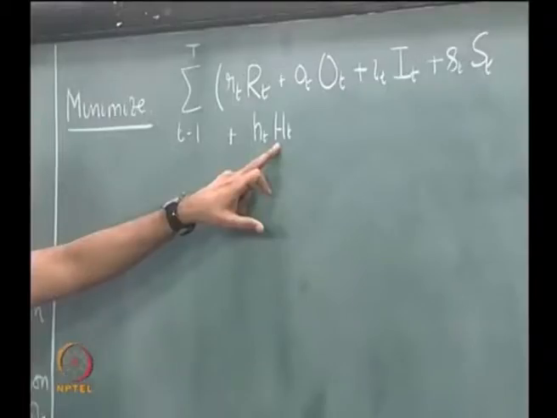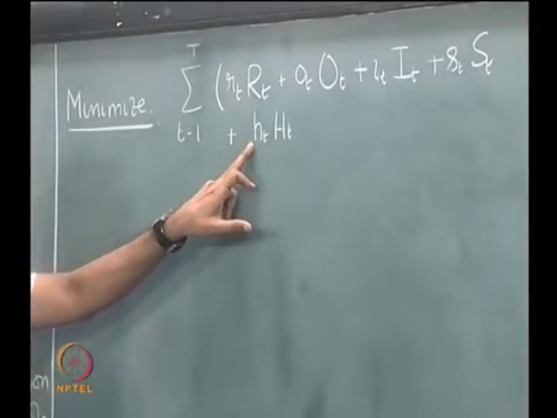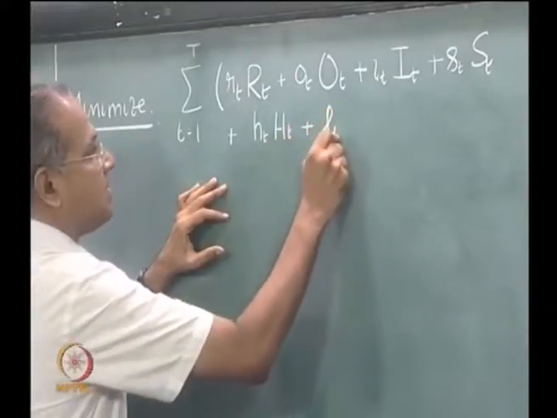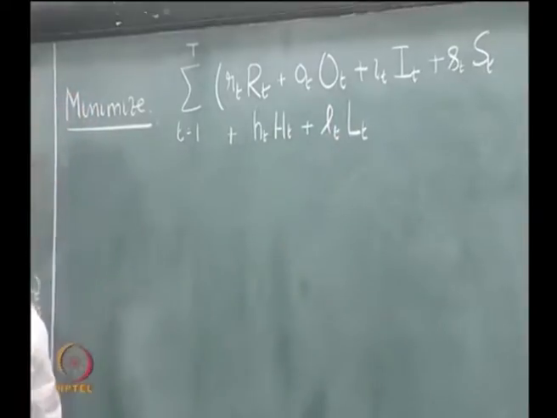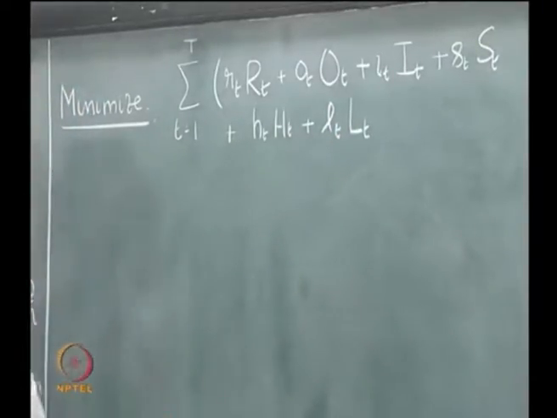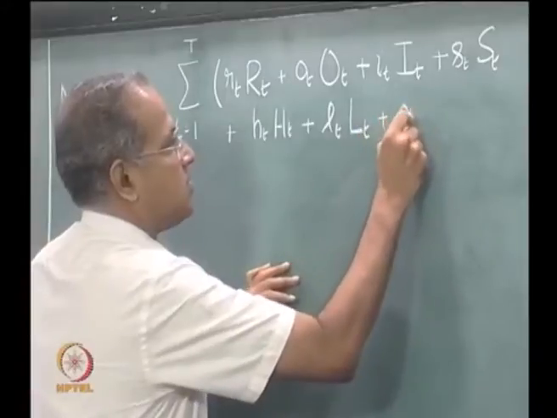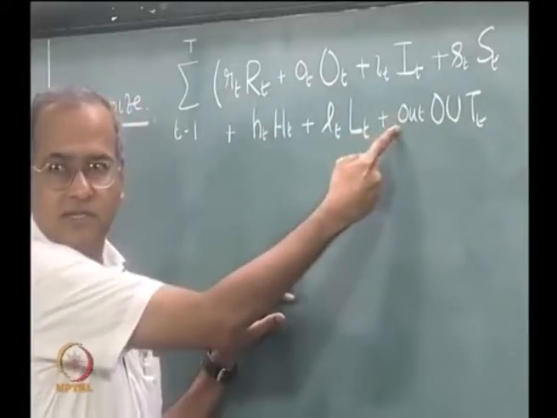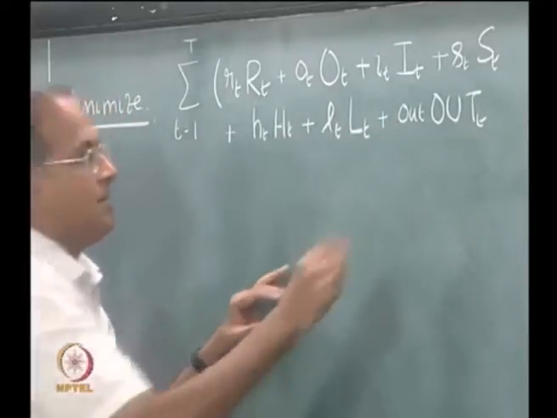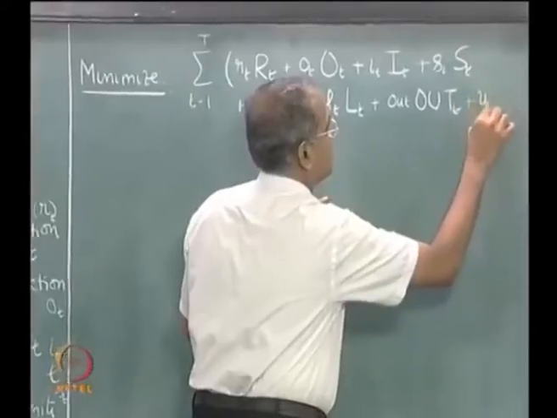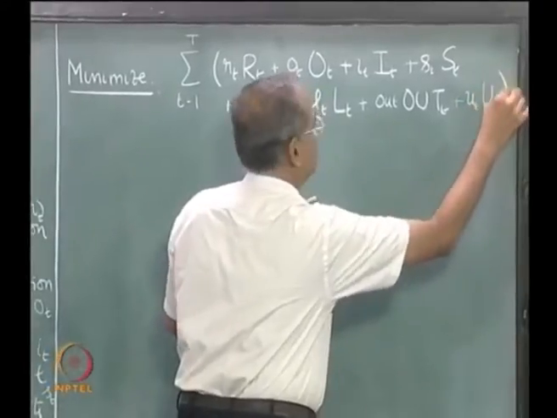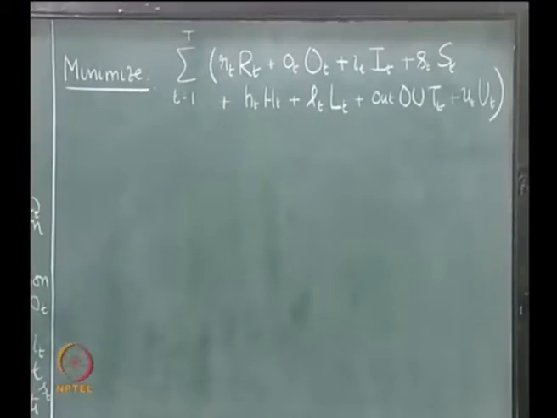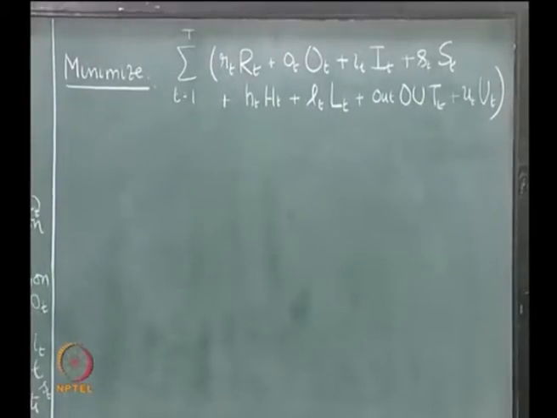HT is the number of people who are hired, this is the unit cost of hiring, so HT into HT, plus LT into LT, cost of layoff, plus small out into outsource of T, this is the variable, this is the cost, plus cost of underutilization UT into UT. So, there are 8 costs that I have put in the linear programming formulation, these are the 8 costs.